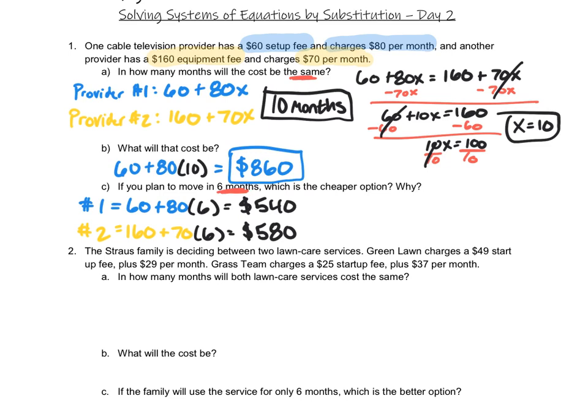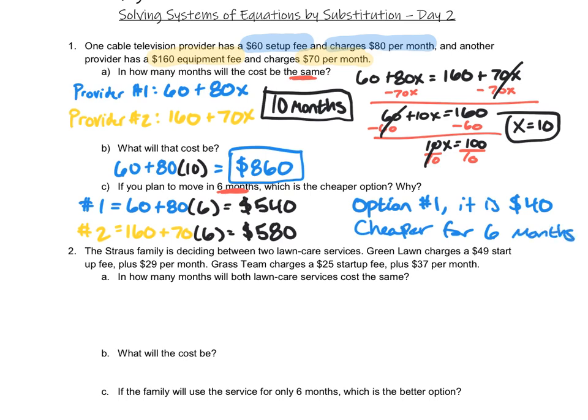So, the question is, which one is the cheapest? You would want to go with option number 1. And then you could say, because it is $40 cheaper for 6 months. So that is the type of stuff that you will be asked to do.